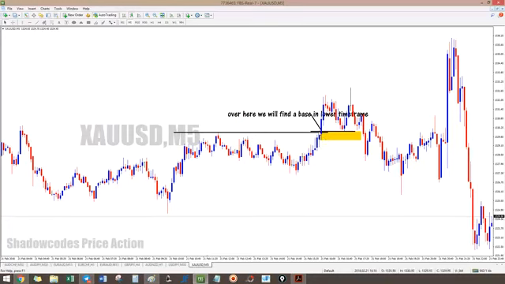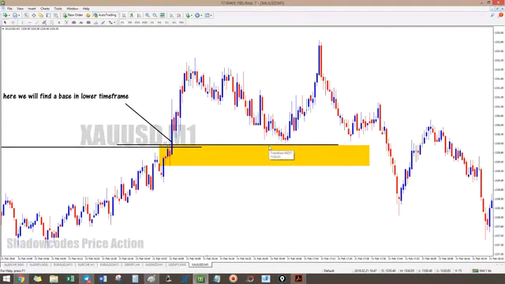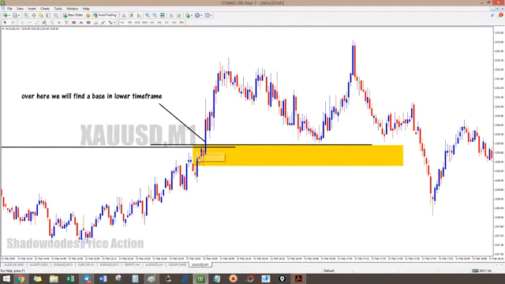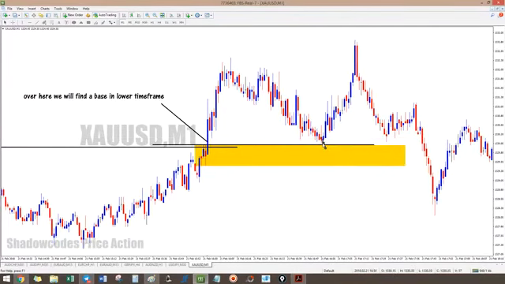Right. First it engulfs this, retests this. So this is actually a good one. This is actually a very good base. This is some rare occasion where it does not touch here. Very rare to happen.